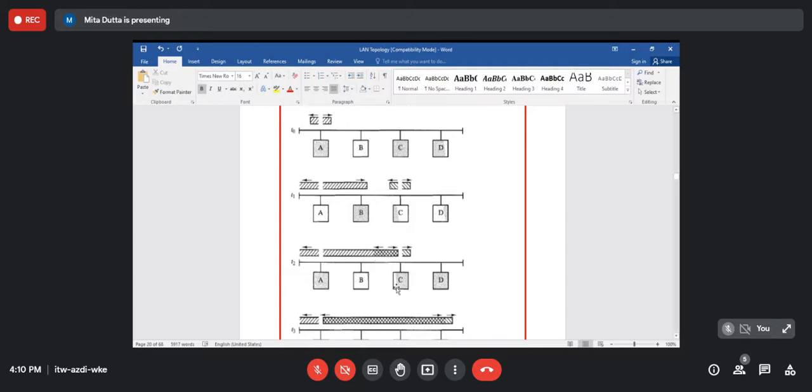Since the collision occurs very near to C, C will see the situation and will not go on to transmit.